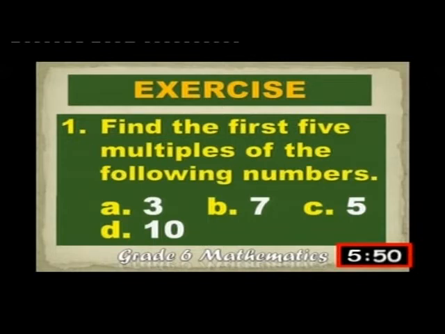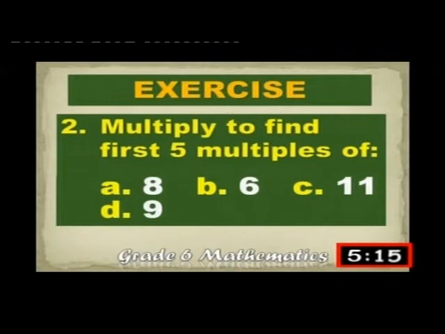We're going to move on to question 2. Those of you who are still copying. Okay, those of you who finish with question 1, you have question 2, the same question.